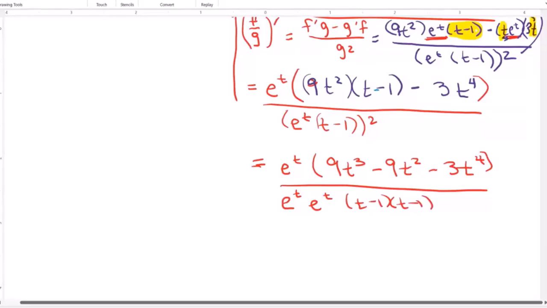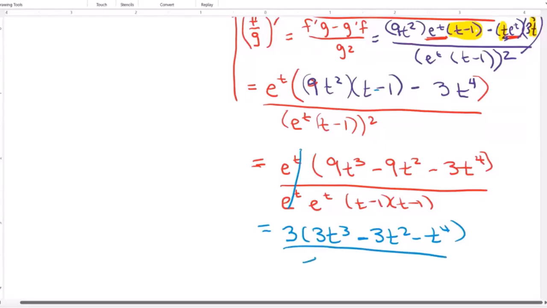Well, it helps a little because I can cancel out one of these e to the t's. And I can also now factor out a 3 from everywhere. This gives me 3 times 3t to the third minus 3t squared minus t to the fourth divided by e to the t times, I'm just going to leave this as t minus 1 squared, and I may be able to factor more things, but I think that's going to do it.